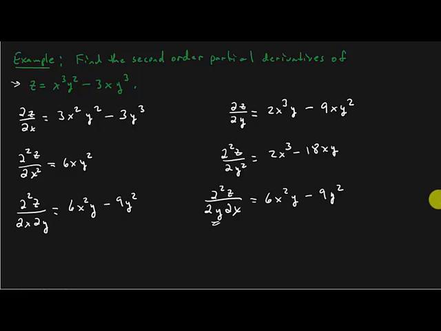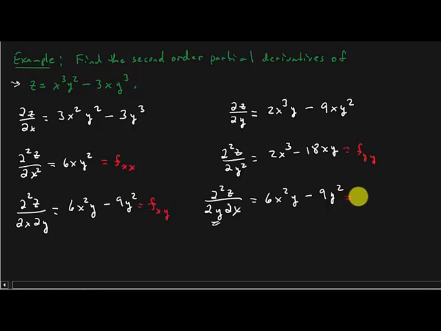And let me say this, the alternate notation that you might see for this one, you could see that written like this. You could see this one written like this. This one you could see written like this, and this one could be written like this. Instead of writing this, you could write this.